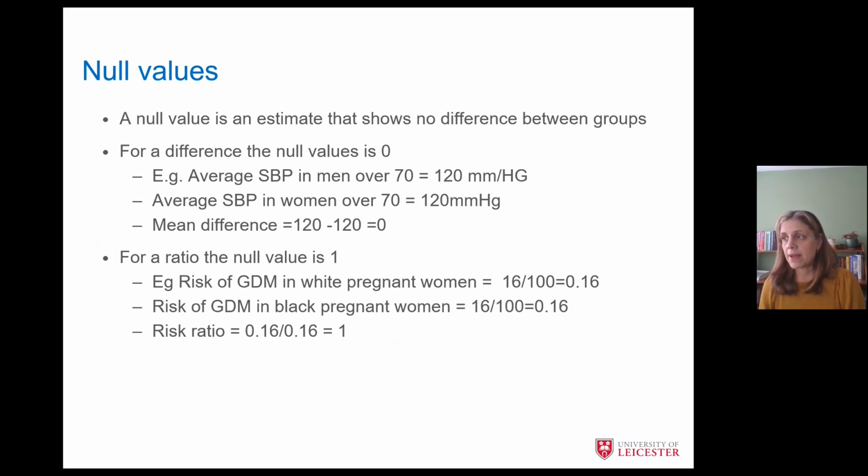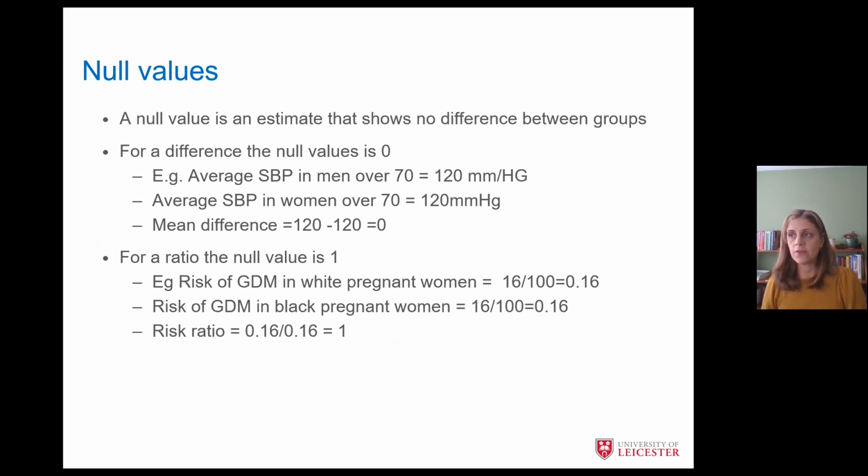We also looked at 100 black pregnant women, and again we found that 16 out of 100 had GDM. So here the risk of GDM is also 0.16. Now, when we calculate the risk ratio to compare the risk in one group by the other, what we're doing is dividing the risk in one group by the risk in the other.